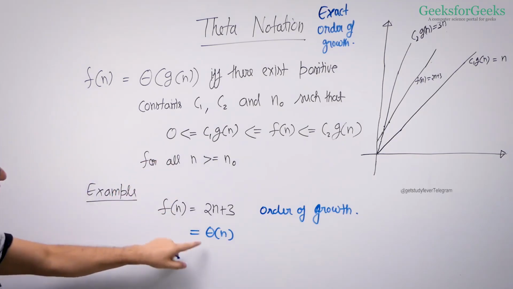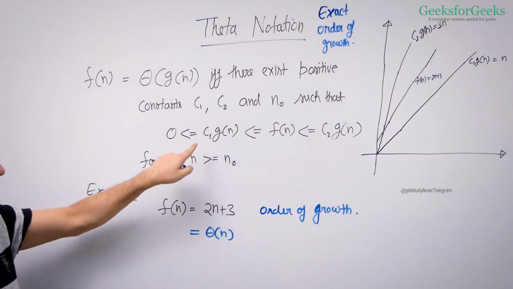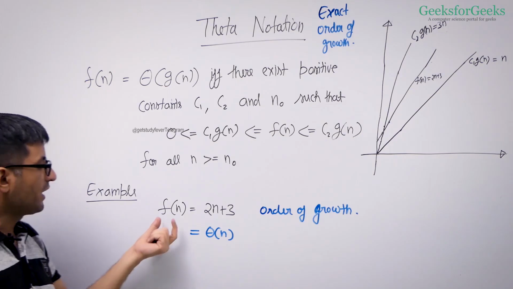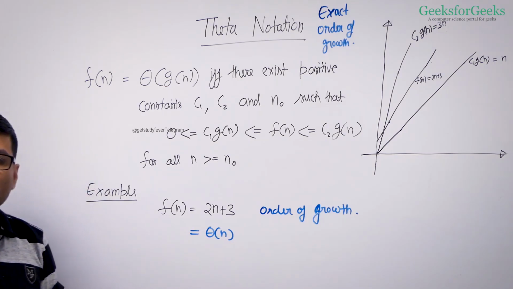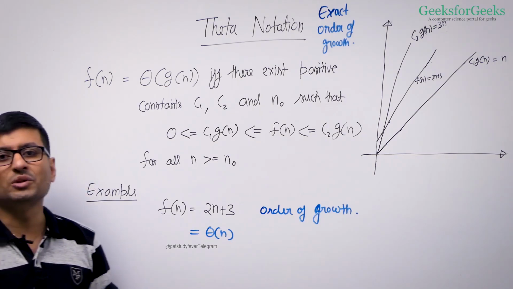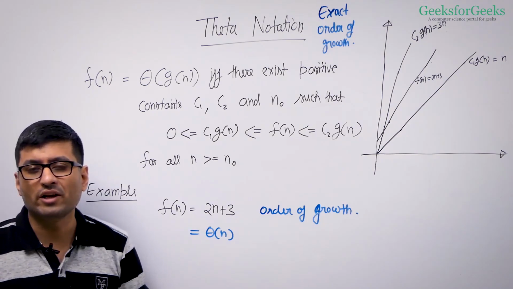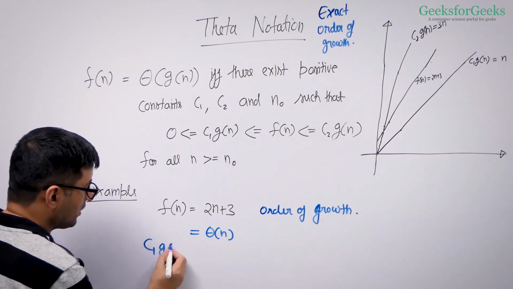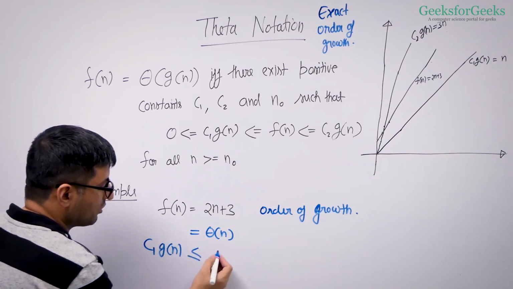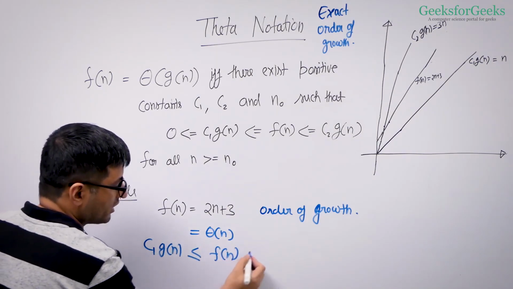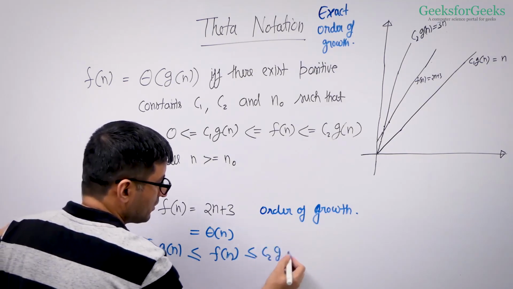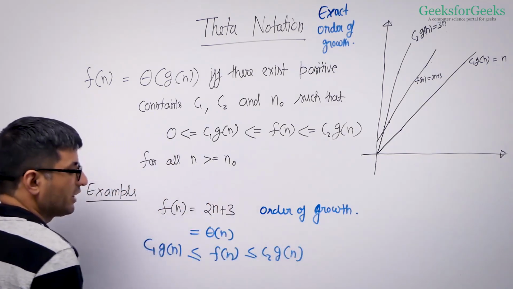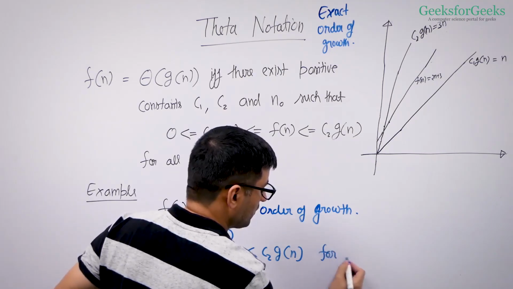Now let's see, does this follow the definition that we have written here? If f(n) is theta of n, then there must exist C1, C2 and N0 such that C1 g(n) is smaller than or equal to f(n) and smaller than or equal to C2 g(n) for all n greater than N0.